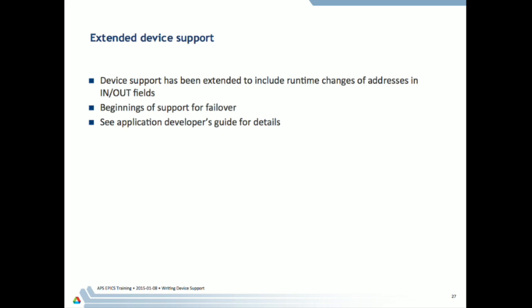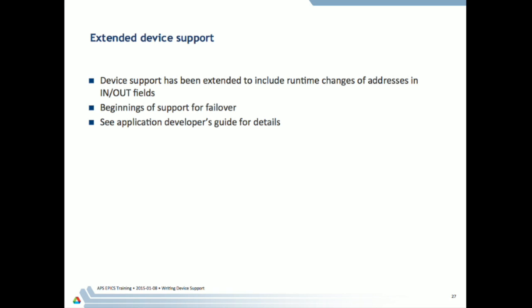However, you can only do this on device support that is explicitly written to be extended. If you try this on a device support that hasn't been written with extended device support in mind, then you'll find that it gets rejected and the values won't take. There's a description of how you do this in the Application Developer's Guide.